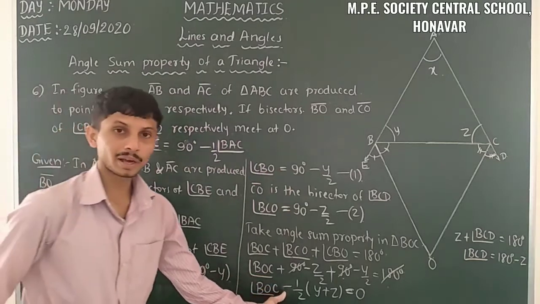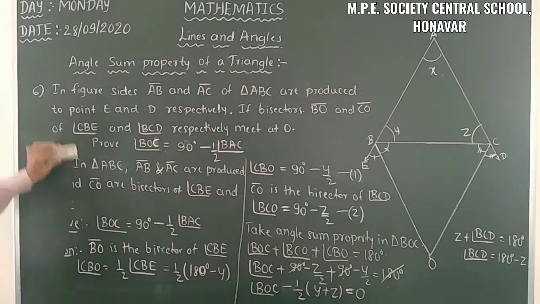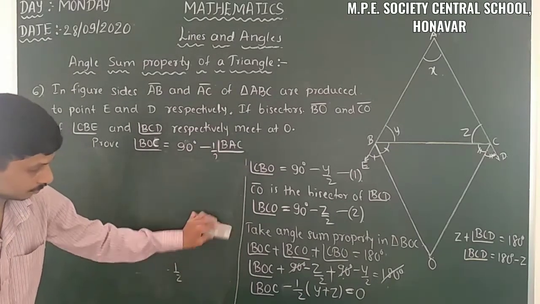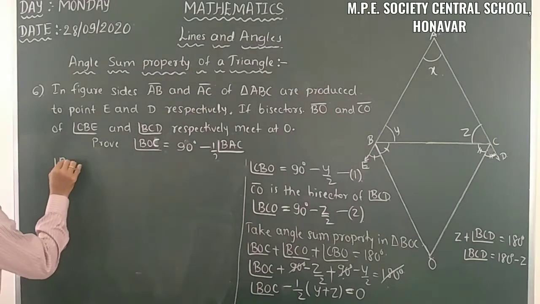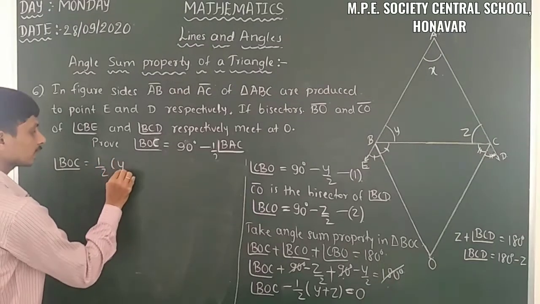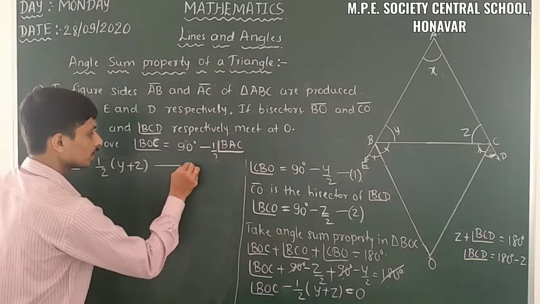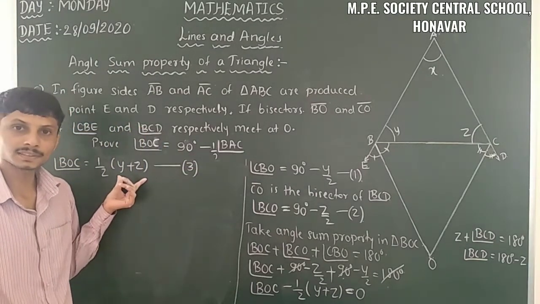Then I will transpose minus 1 by 2 into y plus z to the RHS side. And this part here is angle BOC. Angle BOC is equal to 1 by 2 into y plus z. I will take this as equation number 3. Yes, so here we have y plus z.